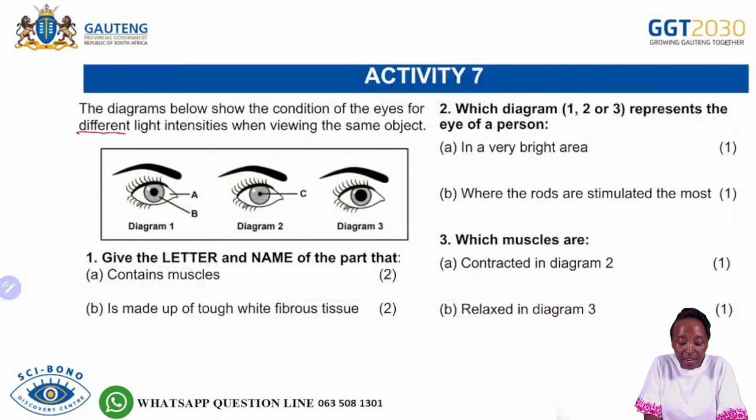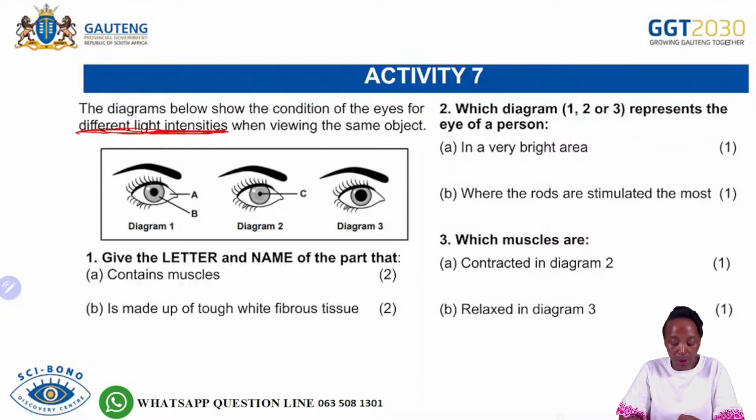So clever learner, you already underline different light intensities when viewing the same object. So already you know, okay, here it's about pupillary mechanism, because we said the stimulus in pupillary mechanism is the different light intensities. So that's the question.